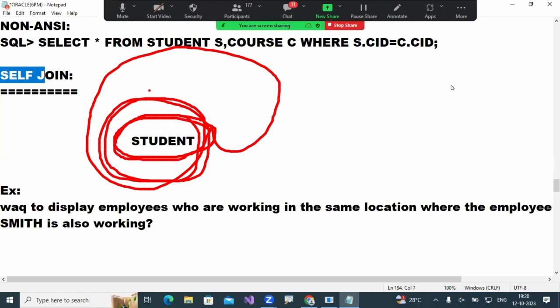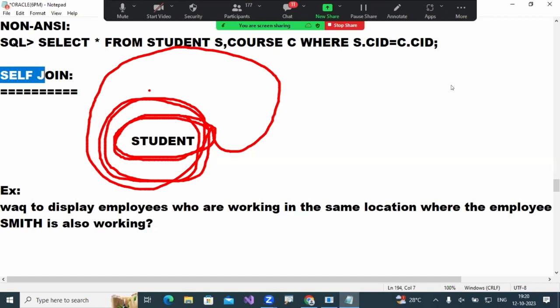This is called a self-comparison, otherwise self-joining. So I join myself; I will not join with someone. Understand now? If I'm joining with someone, that is not self, that is dependency. If I join myself, then it is called a self-join.